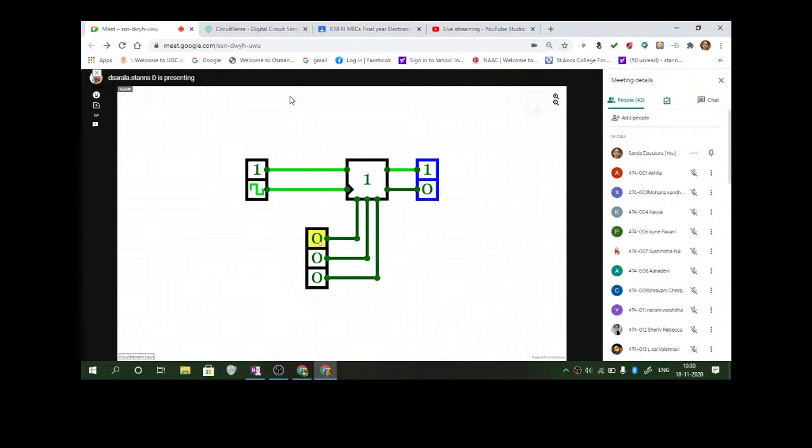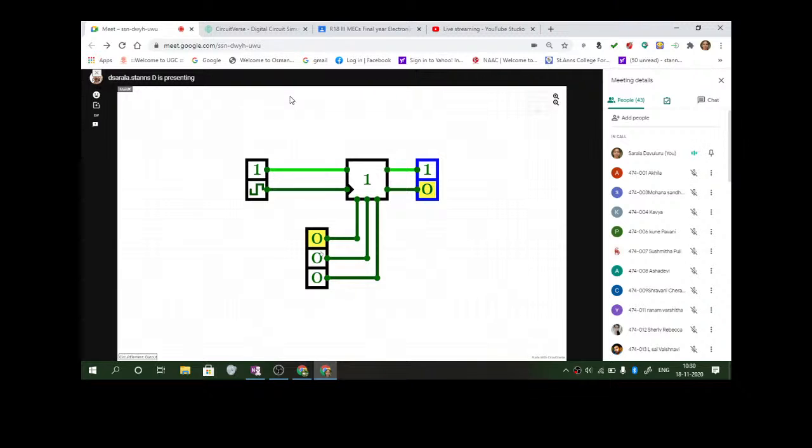Can you see? This is your clock, this is the set terminal, this is the reset terminal. The yellow one which is highlighted is the clock. I made this 0. Once this is 0, when this is 1, you expect this to toggle, but it is not happening because your clock is 0. And these are set and preset.